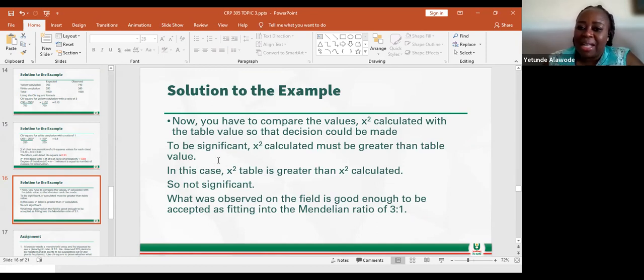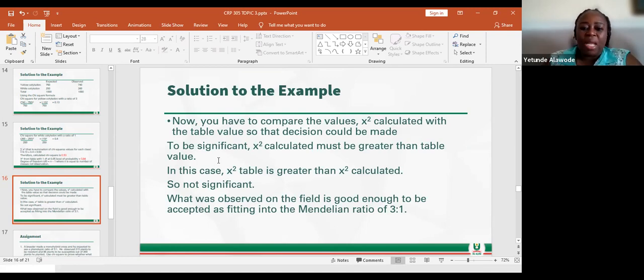It is significant. That means you can accept that kind of result as a Mendelian principle. But if it is the other way around, if the tabulated is less than the calculated, then it is not significant. So you cannot accept that kind. It's not good enough. It's not fit to be accepted as a Mendelian ratio.